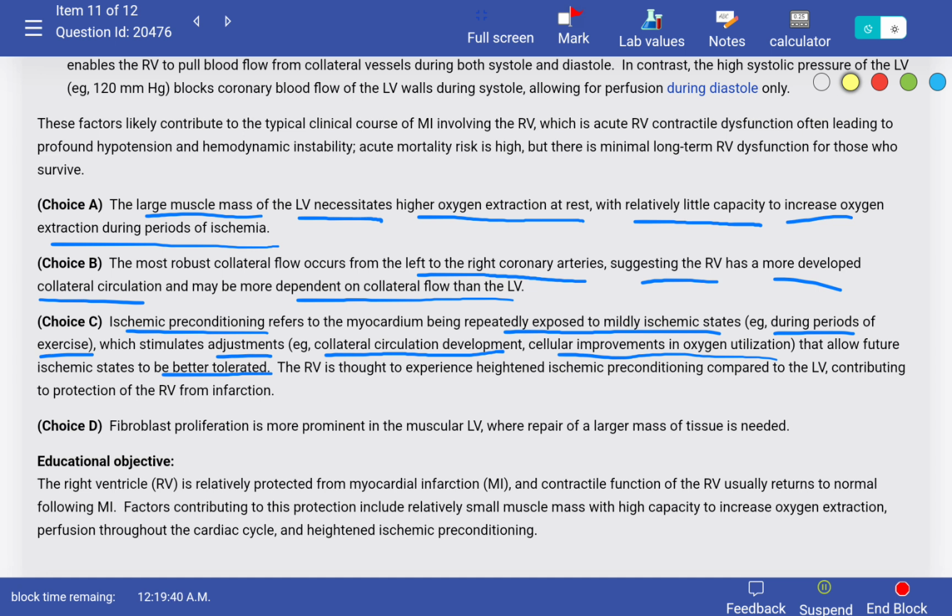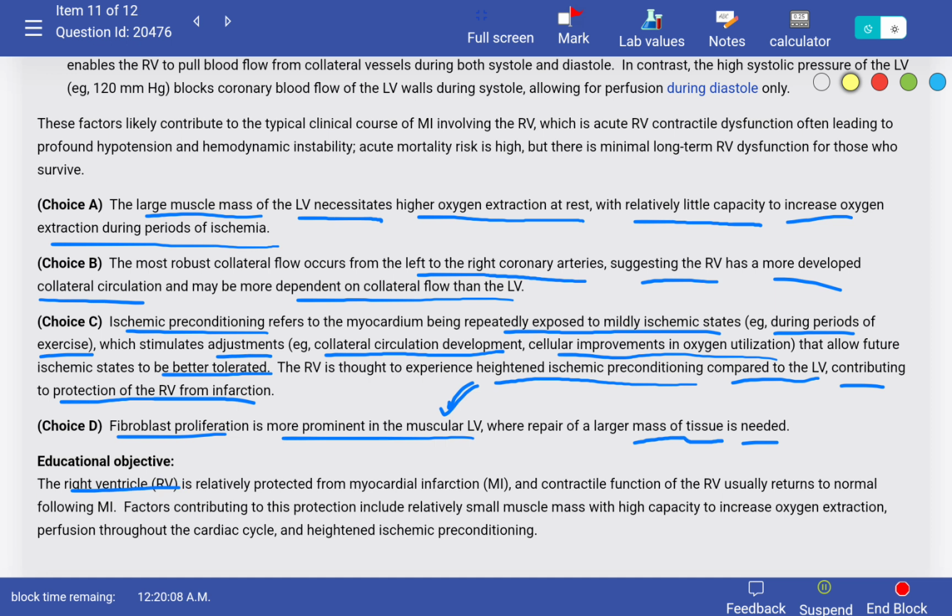The right ventricle is thought to experience heightened ischemic preconditioning compared to the left ventricle, contributing to the protection of the right ventricle from infarction. Why not option D? Fibroblast proliferation is more prominent in the muscular left ventricle, where repair of a large mass of tissue is needed. Right? So that is for the left ventricle.